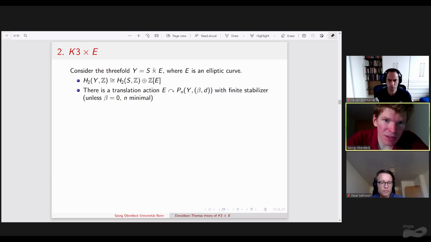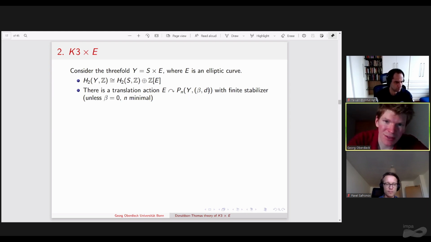And on this threefold, there's really a new feature, which is this elliptic curve. The elliptic curve acts on this threefold just by translation, and so in particular, it also acts on this moduli space of stable pairs. You can convince yourself that if your stable pair is invariant, then it has to be pulled back from the K3 surface.